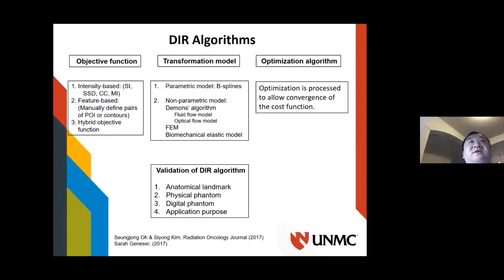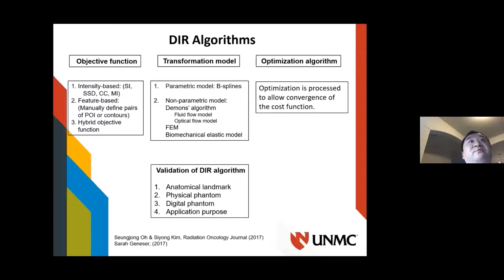So DIR includes three key components. One is the objective function, which means you have to establish criteria like similarity index, SSD, sum of squared differences, or correlation function, mutual information.